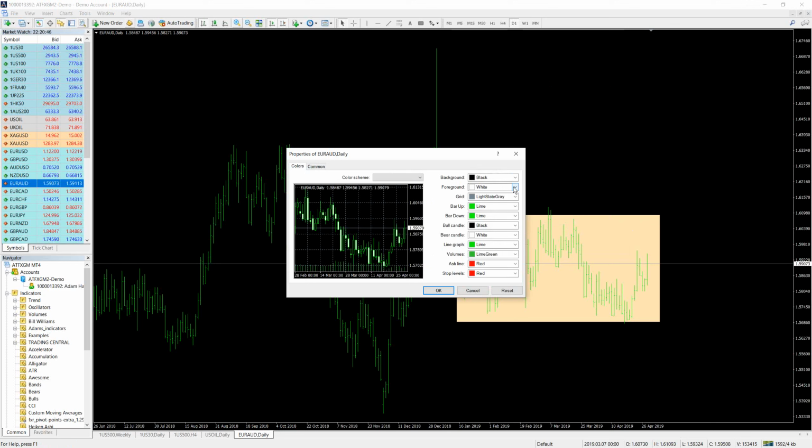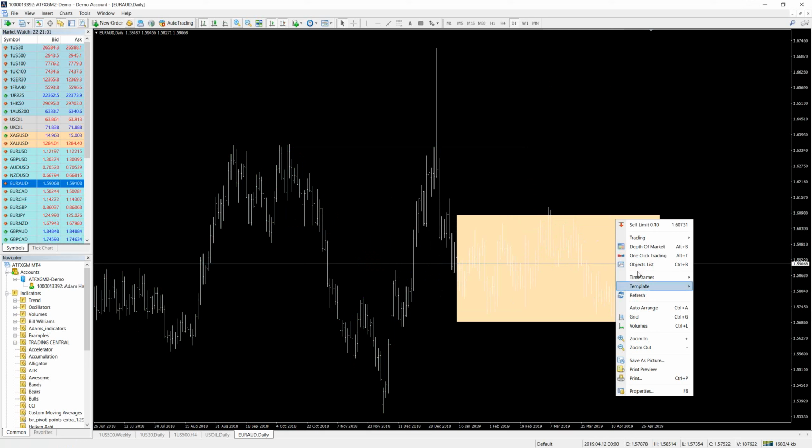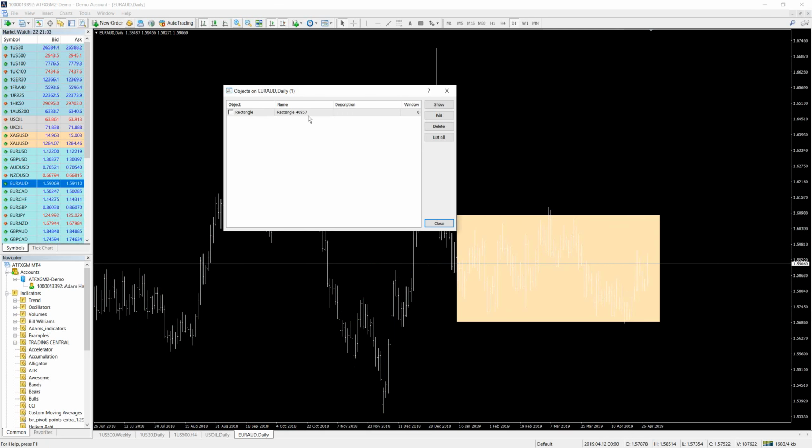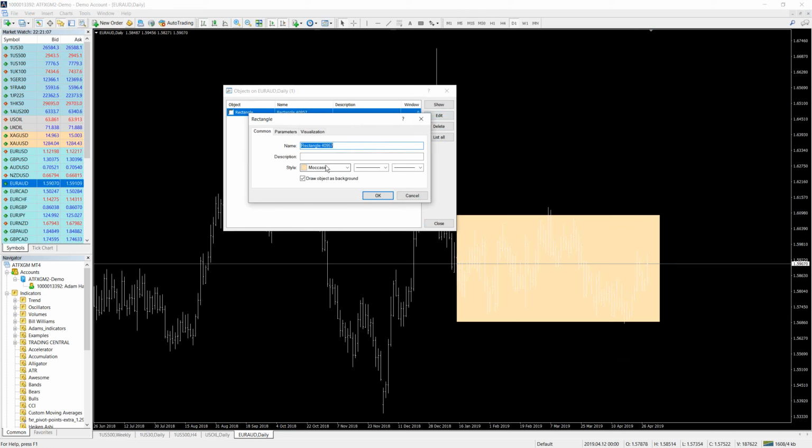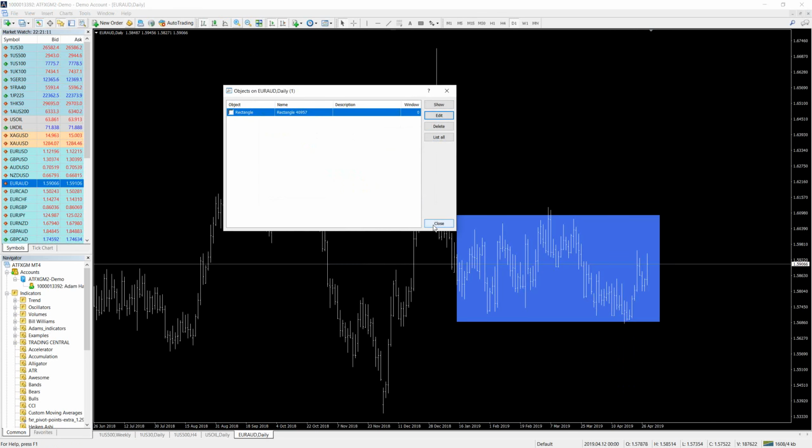We'll make all of this white: bar up, bull candle, bar down. That's fine. Then we'll change this block over here and make it a darker color. There we go. All right, cool.